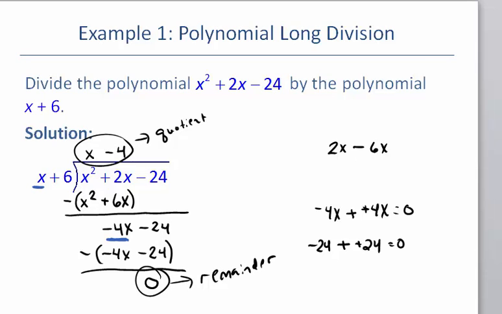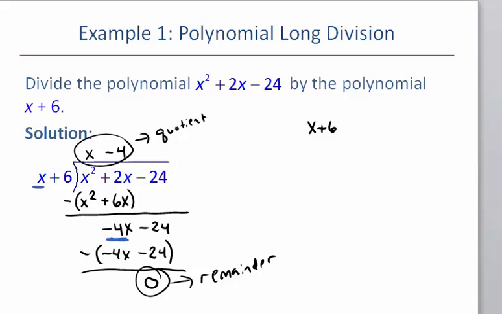So what does that tell us in addition to noting the quotient and the remainder? Since the remainder is 0, we know that x plus 6 and x minus 4 are factors of x squared plus 2x minus 24 because the remainder was equal to 0.